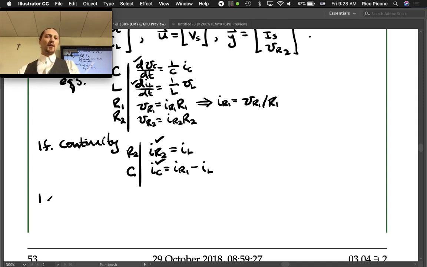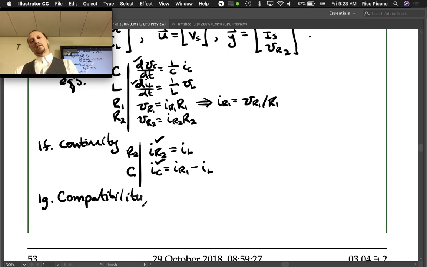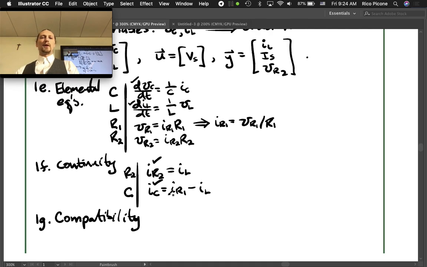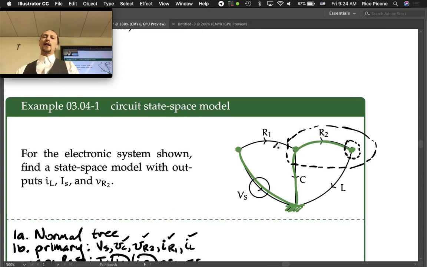Okay, so then 1G, if you go back and look, it's the compatibility equation. So we have to do one for each link momentarily being placed inside the normal tree or being connected to the normal tree. So there's a loop that's created, and we do a compatibility equation around the loop, just like KVL, right?